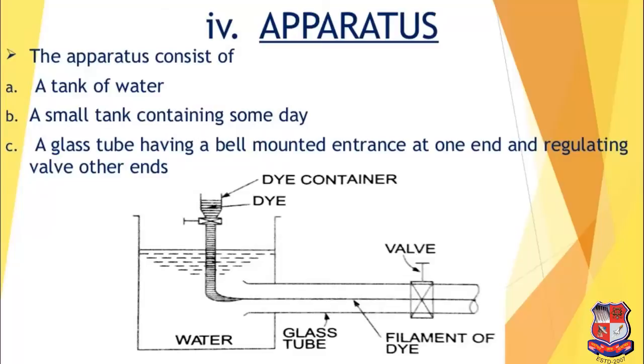As you can see, there is a water tank and a dye container which allows the dye through at a constant uniform rate. For lower velocities, you can see the line will be very straight.